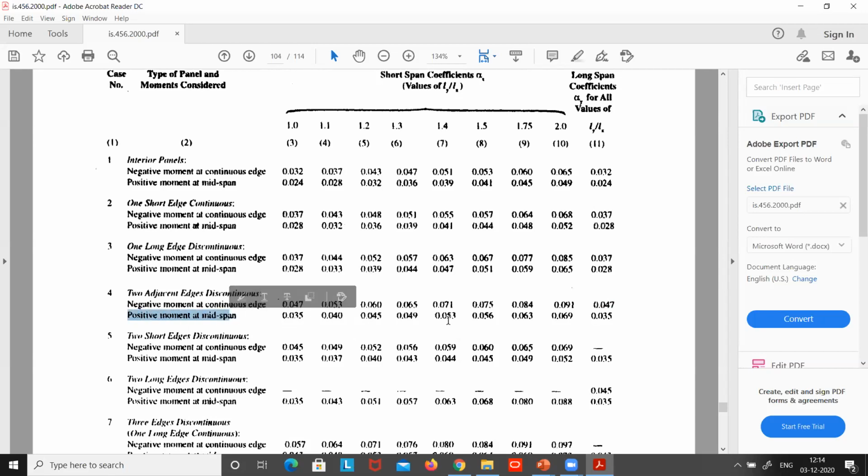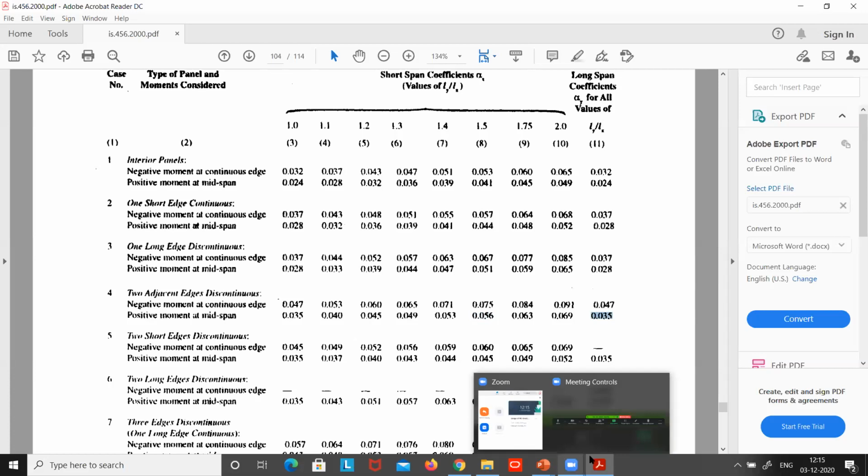For positive moment, alpha x value is 0.056, right? Okay, and alpha y value is 0.035. Is that clear? Yes, sir.